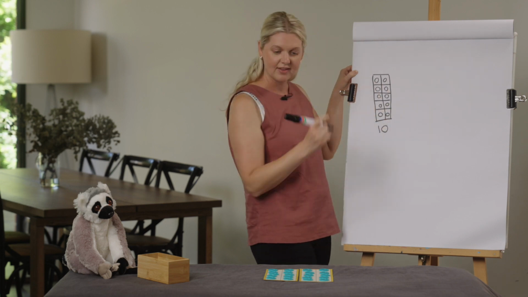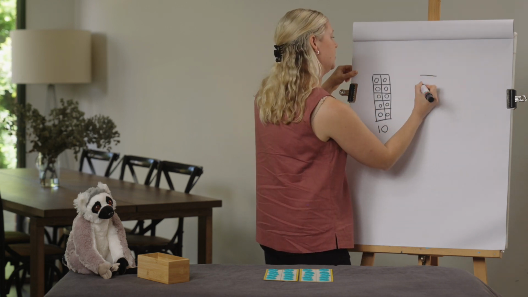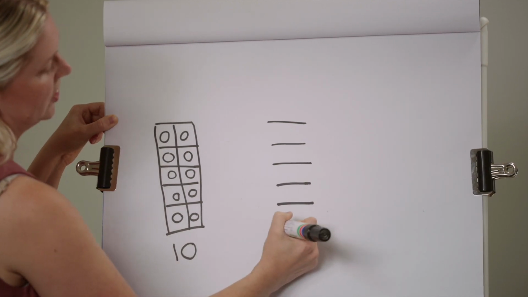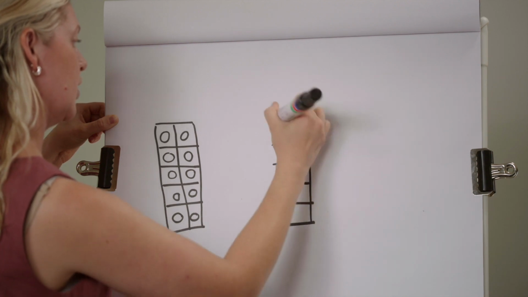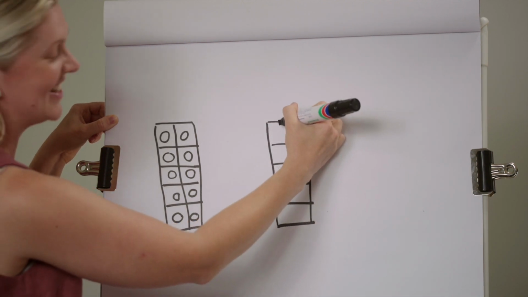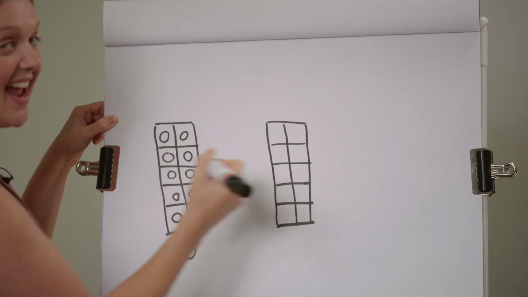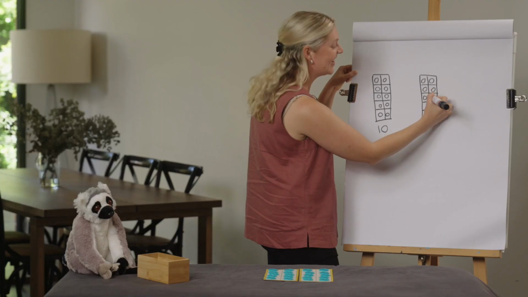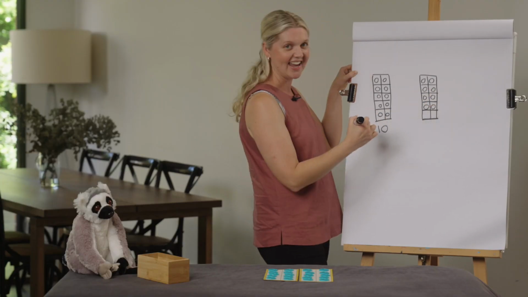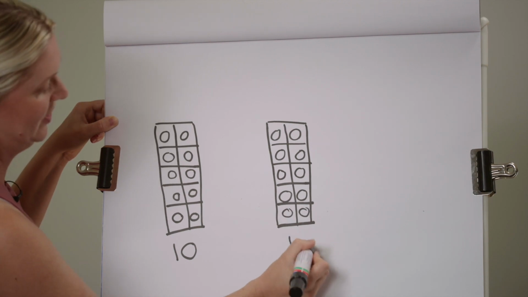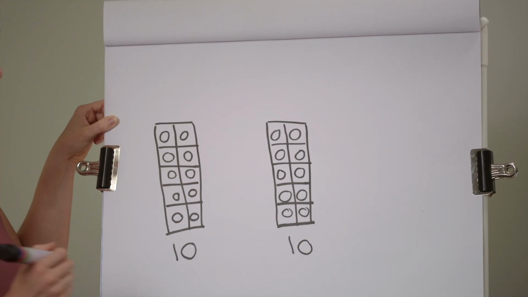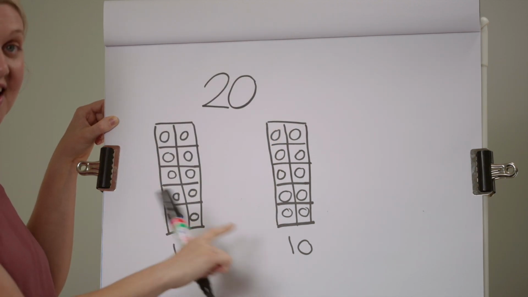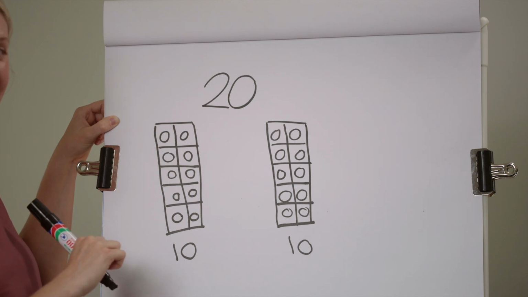And let's draw our other 10 frame now. 2, 4, 6, 8, 10. Drawing the sides and the line through the middle, and now our counters. 2, 4, 6, 8, and 2 more, 10 here. So we've learned that 20 counters can be shared equally into 2 groups of 10.